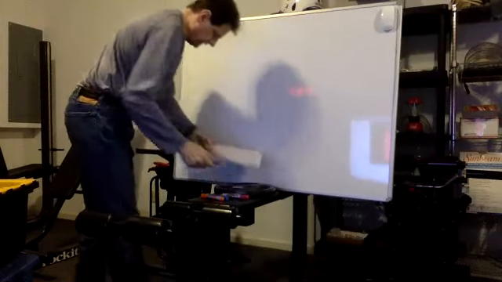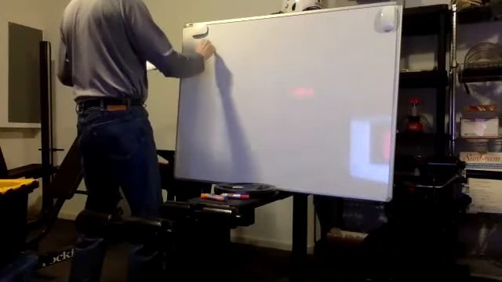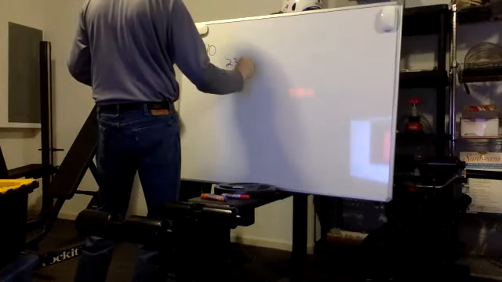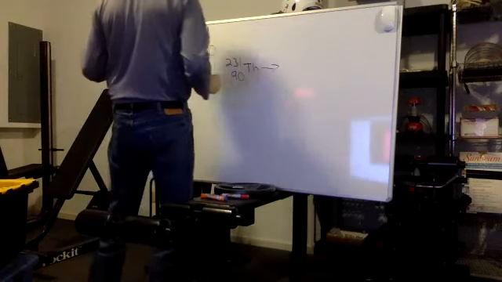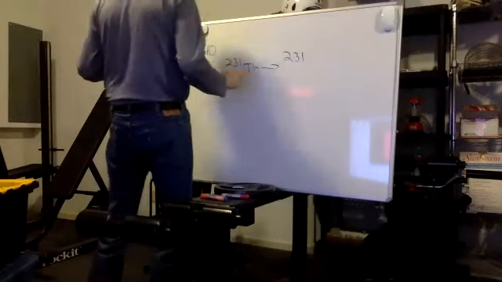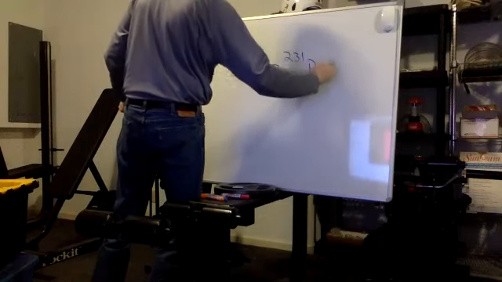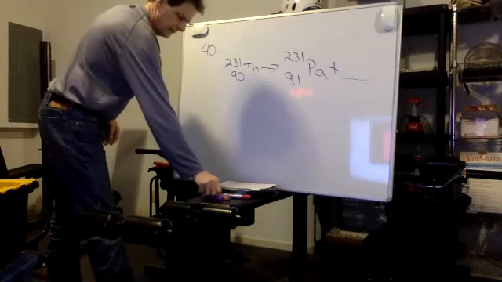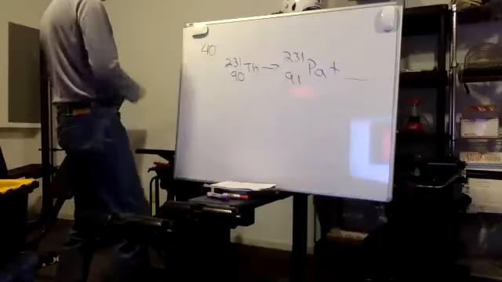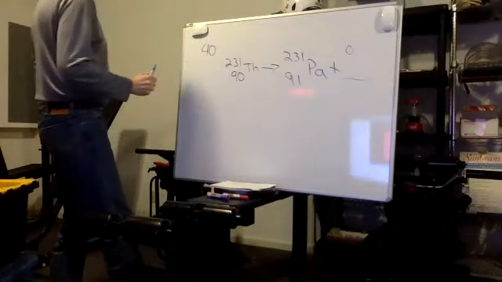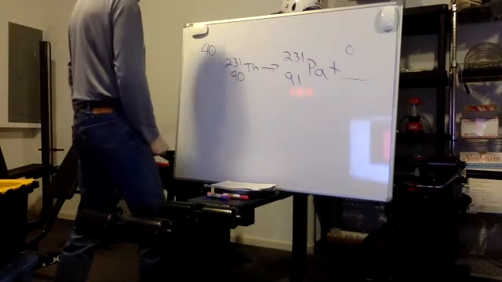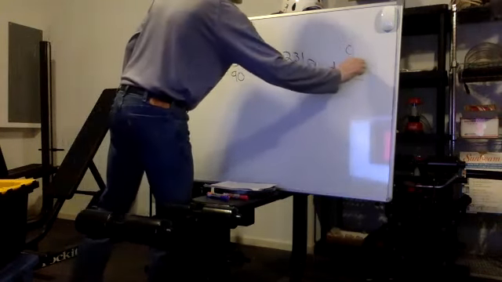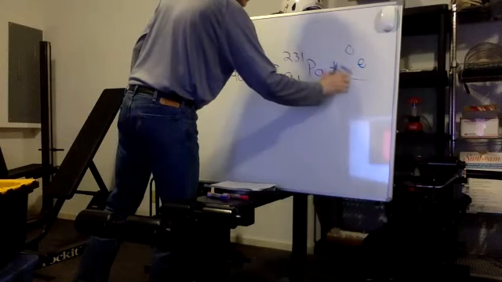Let's see the last one on that page. Number 40 will be 231, 90 thorium, going to 231, 91, Pa, and let's see here. 231, 0, and 91 minus 90, we are going to need a 1, and a 0, 1 is going to be, oh, I did the math wrong there.